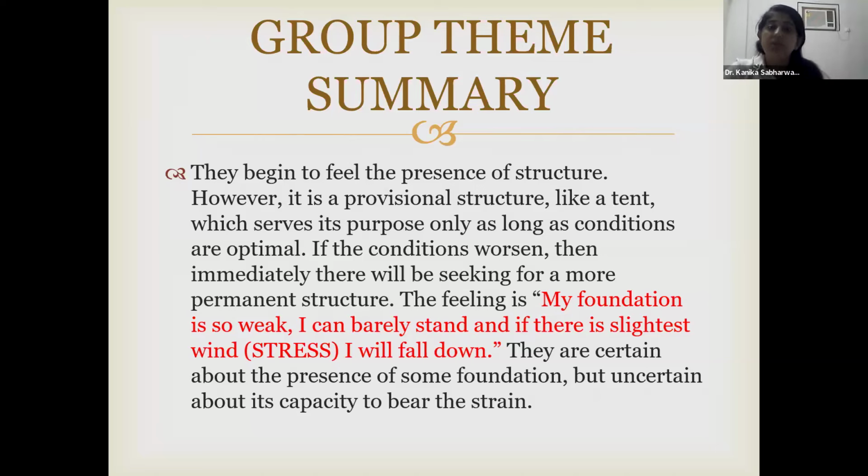So this is what happens to Group 2. We are just at the start of the periodic table. We are just building the structure. The foundation is not very strong, and therefore, if there is the slightest stress, the foundation and the structure break down. That invites trouble. So this is a summary and just an overview of the elements of Group 2.